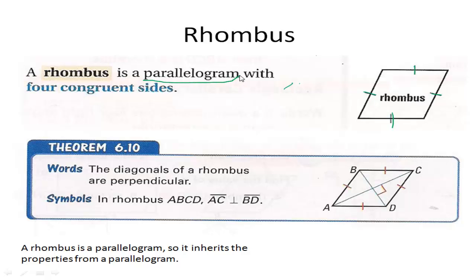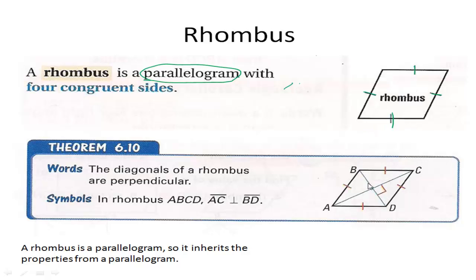It's a parallelogram, so I know that for a rhombus, the opposite angles are congruent. The consecutive angles are supplementary. Opposite sides are congruent. And I also know that the diagonals bisect each other. An additional property for rhombuses is that the diagonals are perpendicular.